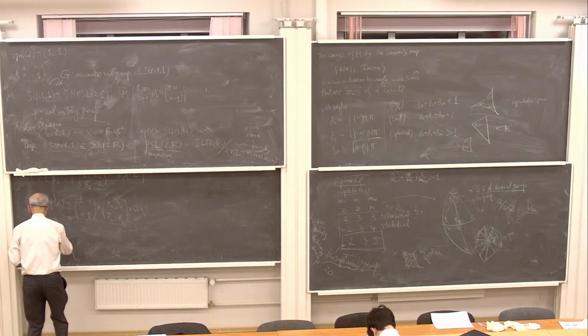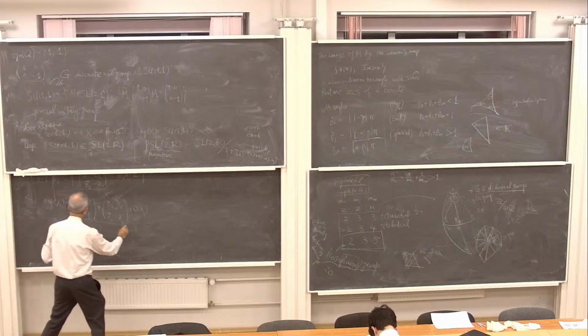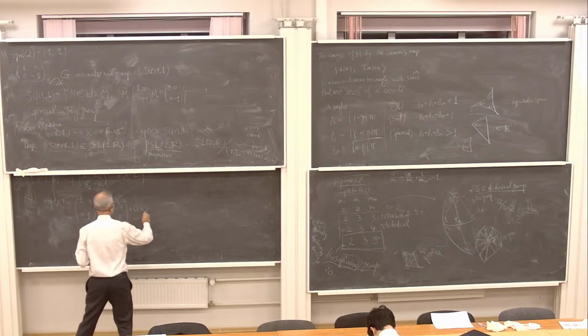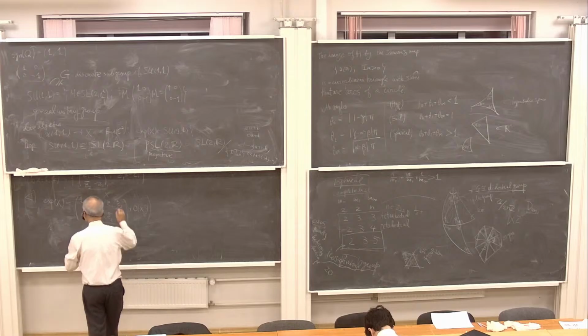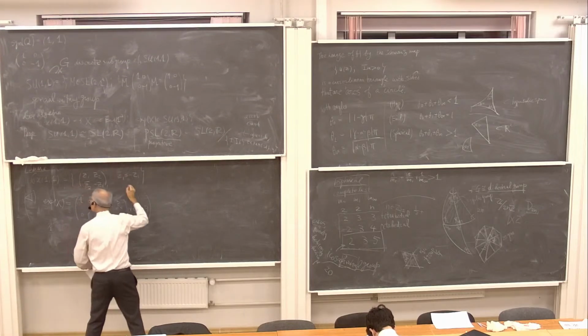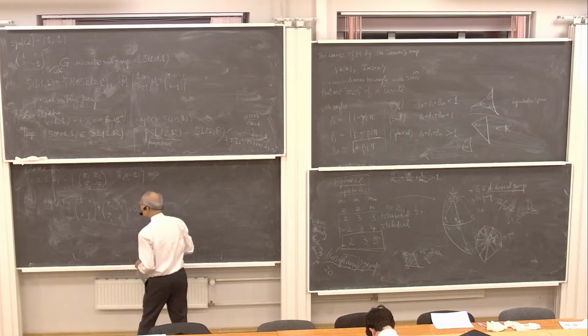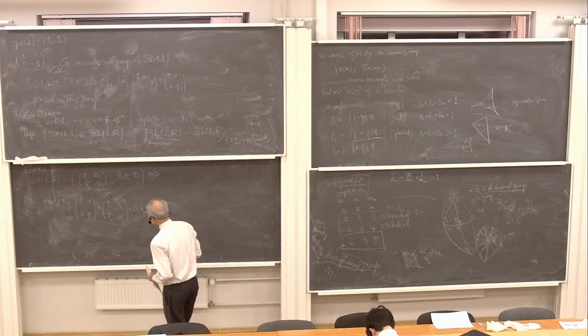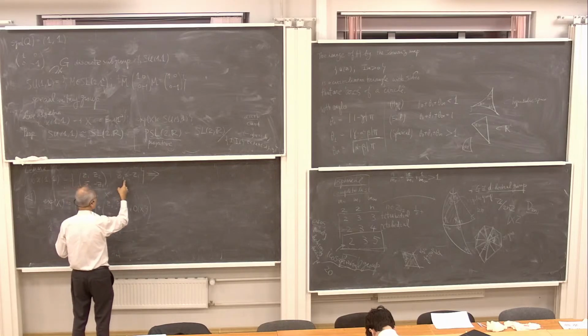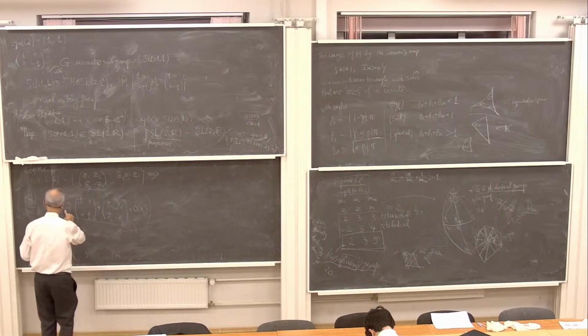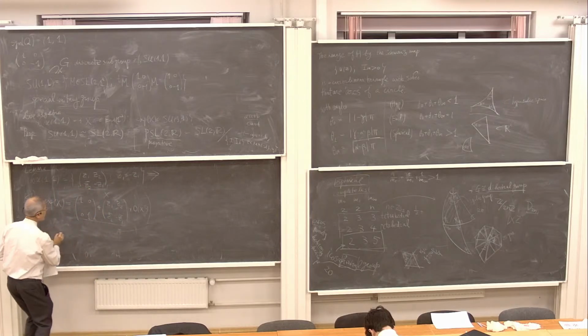It takes some five minutes, so I leave it as a kind of exercise. So z1 conjugate equals minus z1. That comes from this relation.